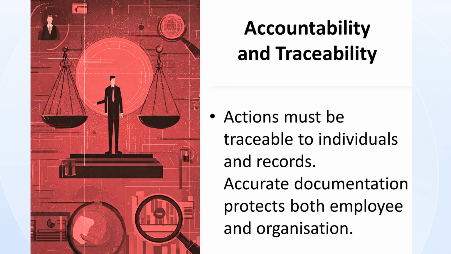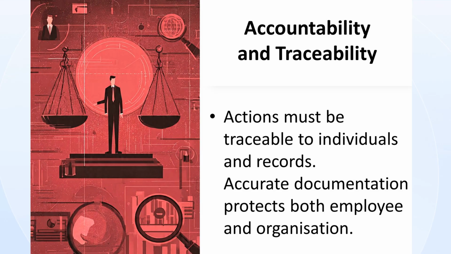When records are accurate, investigations can identify where issues occurred and corrective action can be taken. I am responsible for completing documentation accurately, using my own system access, and avoiding informal shortcuts. Proper records prevent confusion and reduce the risk of unjust blame.